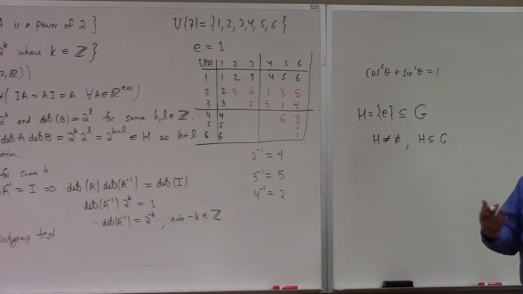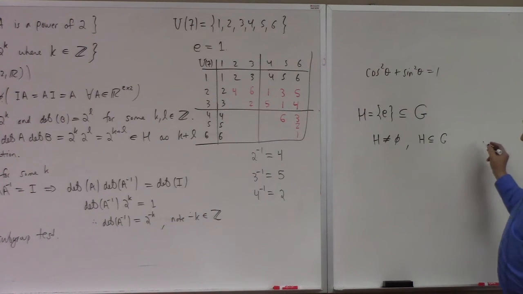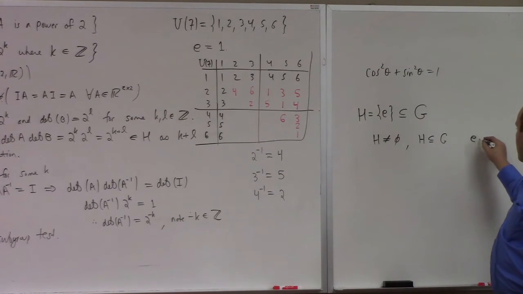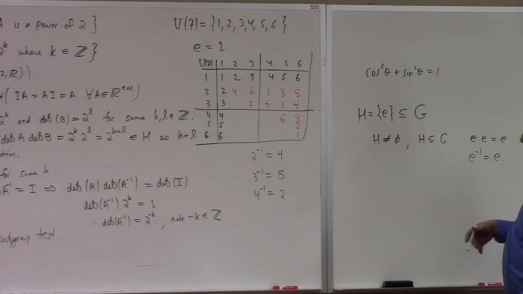There's nothing to check because you can pick any A and B in H, and that's just E. It's the product of E with itself. So the one- and two-step subgroup tests are immediately given by the fact that E times E is equal to E again. That shows that E inverse is equal to E, and it's closed under multiplication. So it's closed under inversion and closed under multiplication.